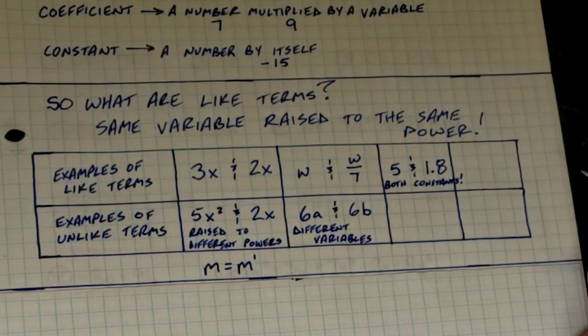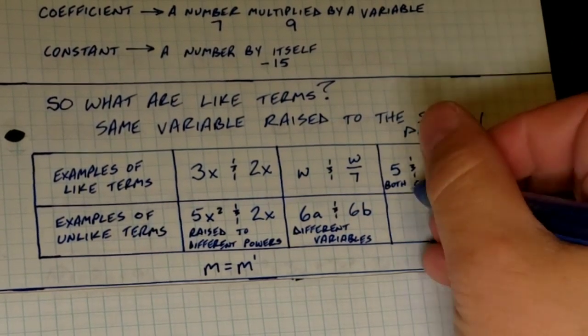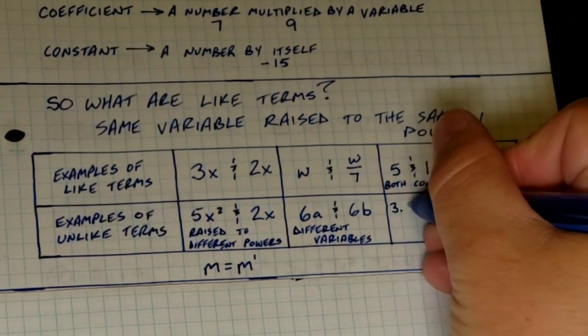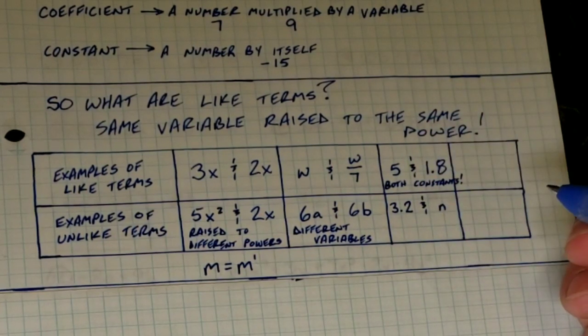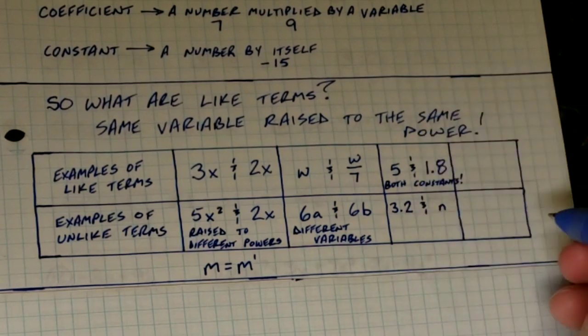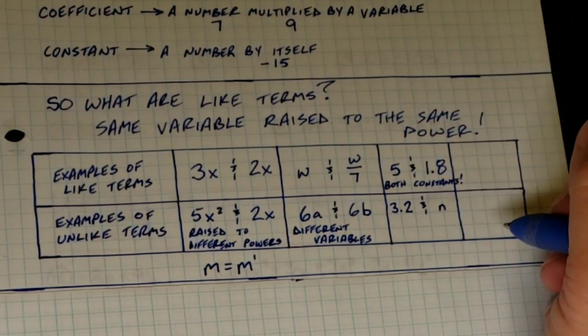Those are like terms. What about 3 and 2/10 and n? No. One is a constant, one is a variable. They don't have the same variable raised to the same power.